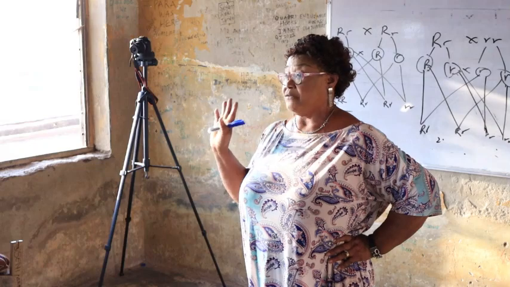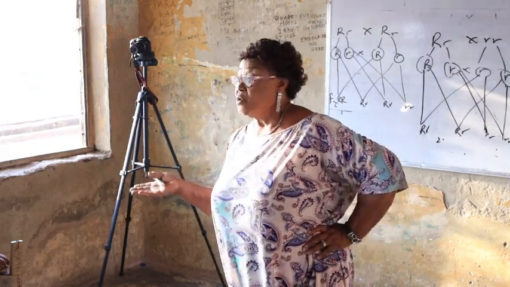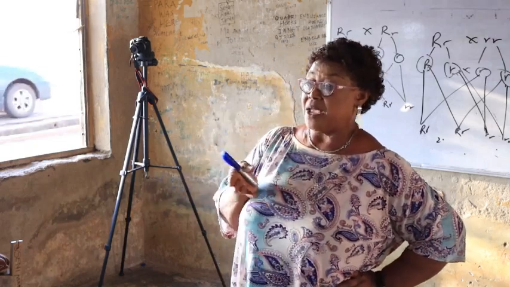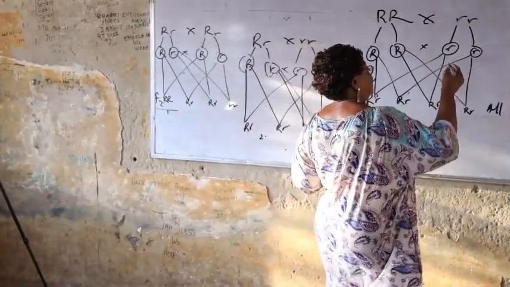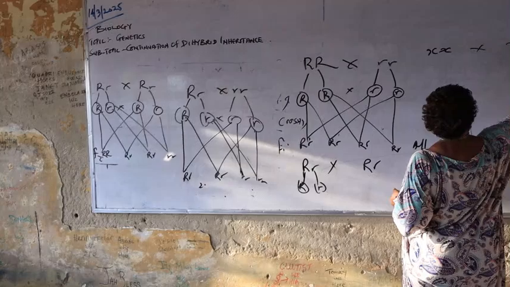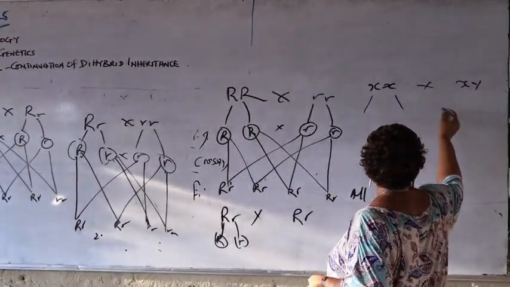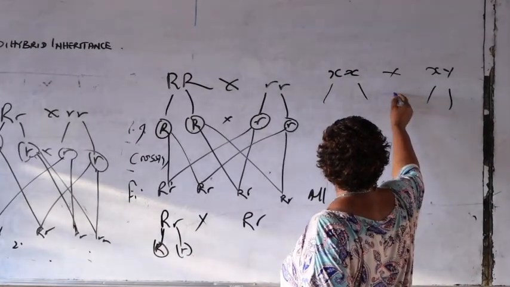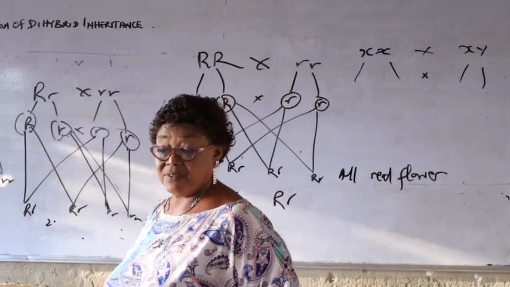Already we know that we have 46 chromosomes, making 23 pairs of chromosomes. This happens to be the female, this happens to be the male. And if we bring it out in terms of sex link, it is the man that is responsible for what we are going to have.